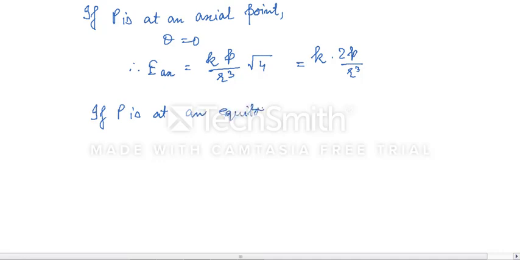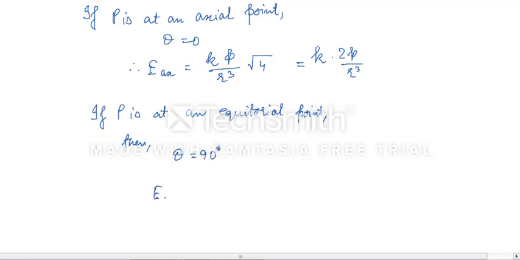If P is at an equatorial point, then theta is equal to 90 degrees.